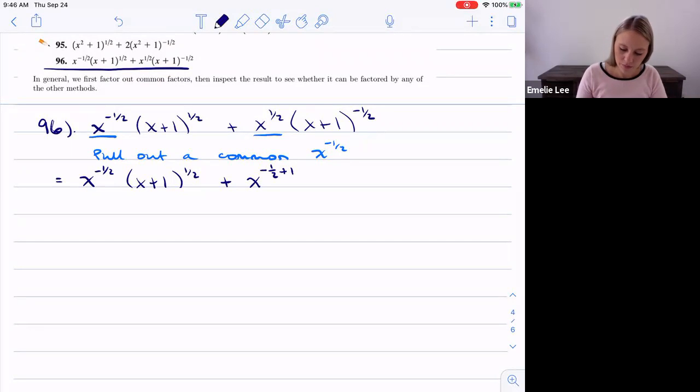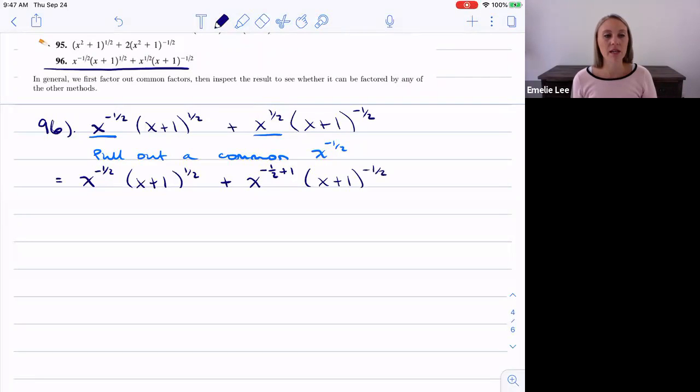Because I want to pull out this x to the negative 1/2, I need an x to the negative 1/2. Now I'll be able to extract that, but we also see that x to the negative 1/2 plus 1 is just x to the positive 1/2, which is where we started here. And then I'm just going to leave that x plus 1 to the negative 1/2 for now.